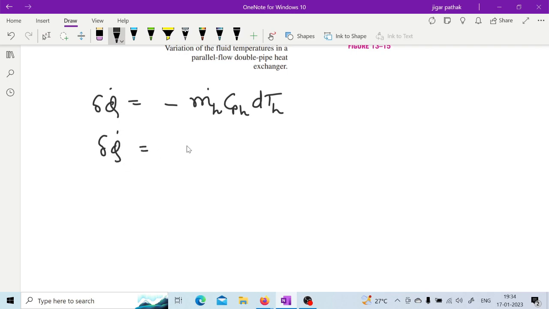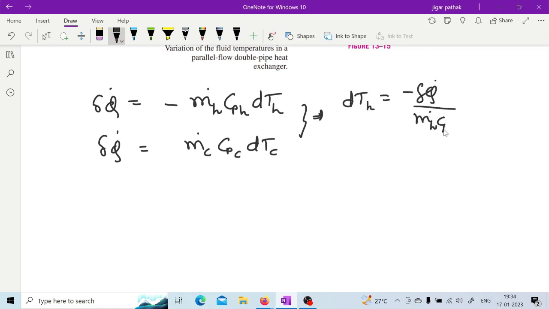Similarly, if you write it for the cold fluid, then it will be mc cpc dTc. So from both these equations you can write that dTh is equal to minus delta Q upon mh cph. Similarly dTc can be written as plus delta Q upon mc cpc.